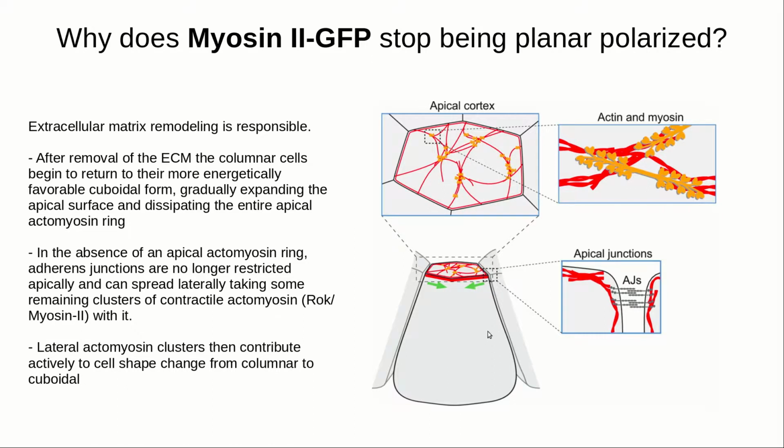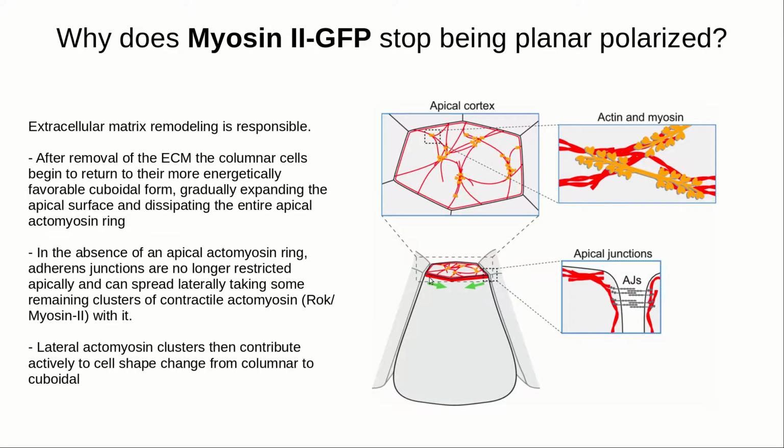It's like if you have a balloon in your hand and you're pressing it and then you release your hand, so the balloon becomes more rounded because it is a shape that is energetically more favorable. This is what happens with cells. After removal of the extracellular matrix, they become more rounded, more cuboidal, so their basal and apical sides expand and increase their area.